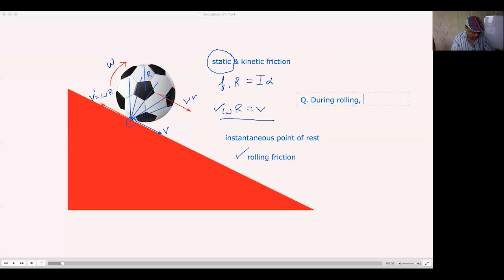So what work is done by friction when it is rolling? We know work is force into displacement of the point. Here the point is not displacing. So during rolling, friction seems to do no work. That's very important, right? You get that?